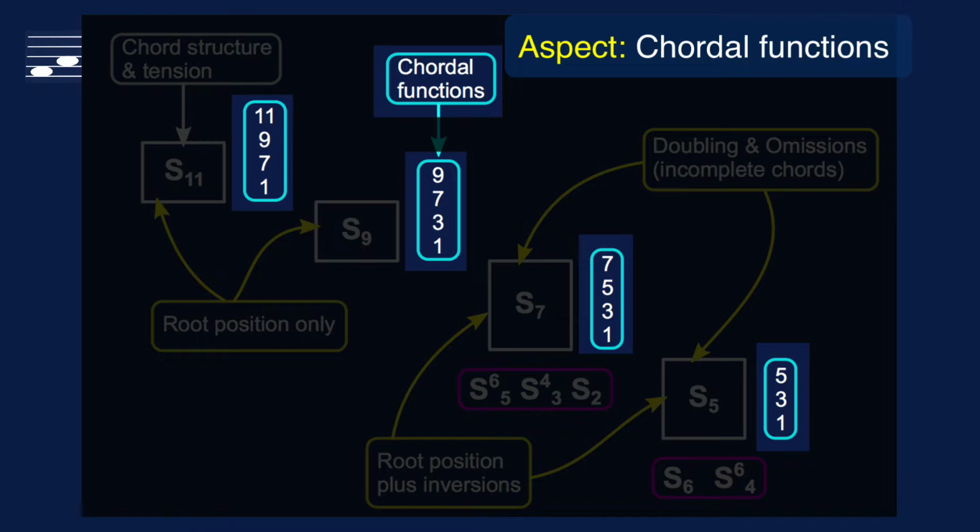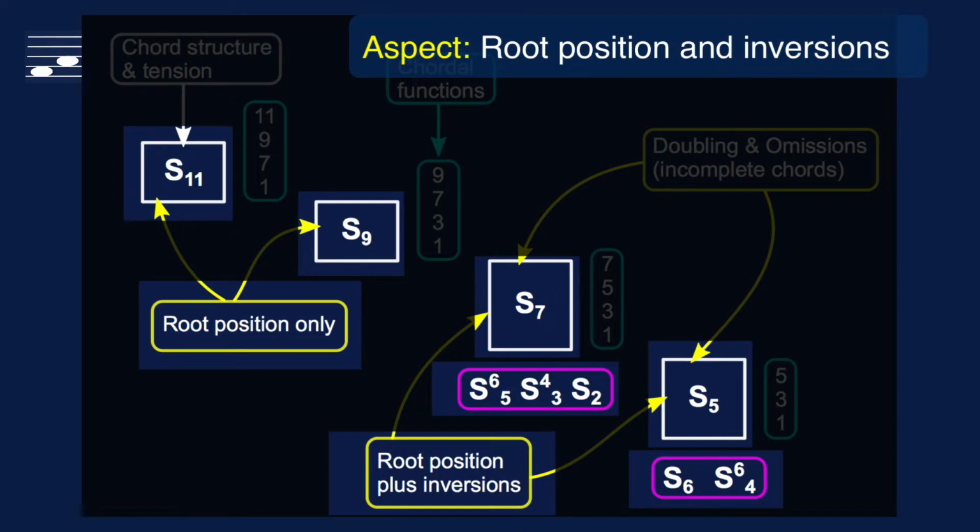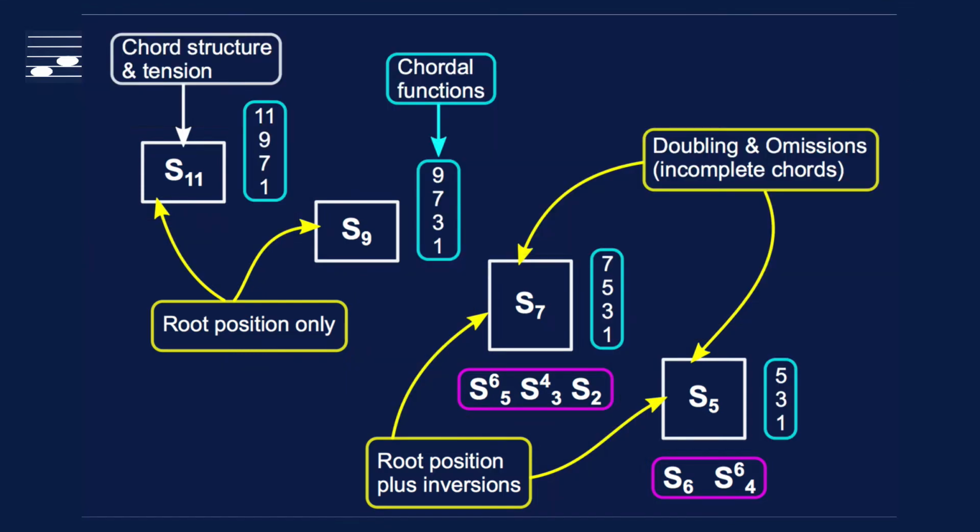For diatonic harmony and chords in thirds, these are the root, 5th, 7th, 9th and 11th. The highest chordal function determines the chord tension and is used in the chord labeling. When the chordal function 1, the root, is in the lowest part, the chord structure is in root position. The triad S5 has 2 inversions, the 6th chord and the 6/4 chord. The 7th chord has 3 inversions, as indicated by the labels in the diagram.